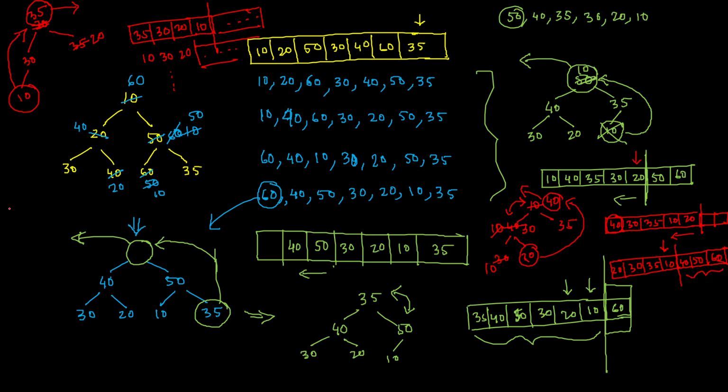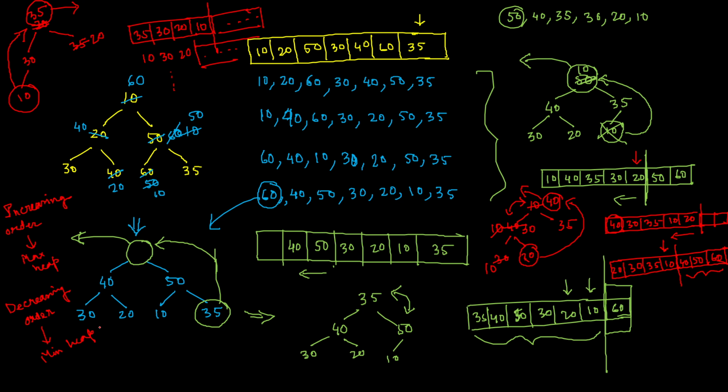If we consider increasing order, we have to go for max heap, and if I want to go for decreasing order, that will go for min heap. So this is the only difference.